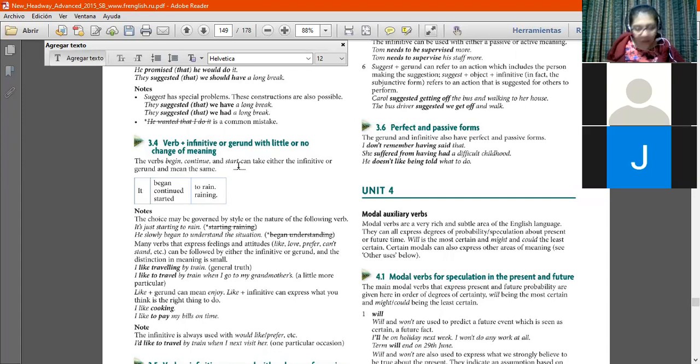No, it's okay. My explanation is fine. Oh, begin. Begin. Sorry. So the verb begin, continue, and start. Yeah, I got confused. Sorry. The verb begin, continue, and start can take either the infinitive or the gerund and means the same.